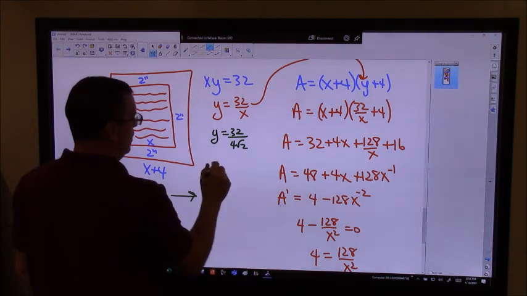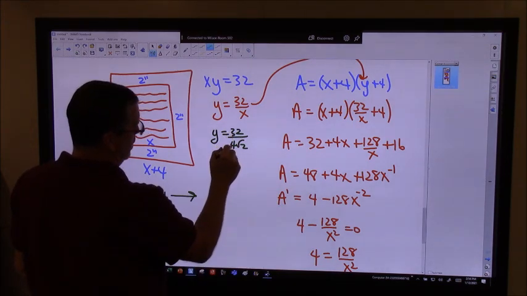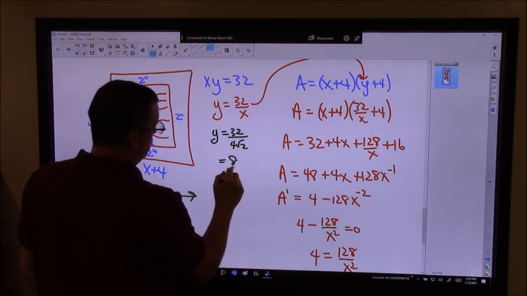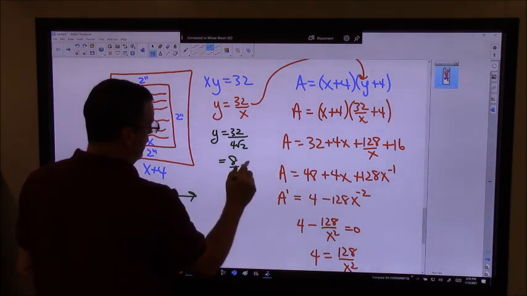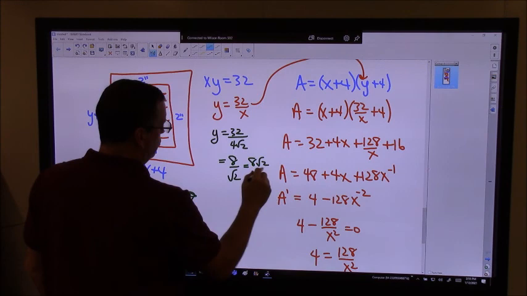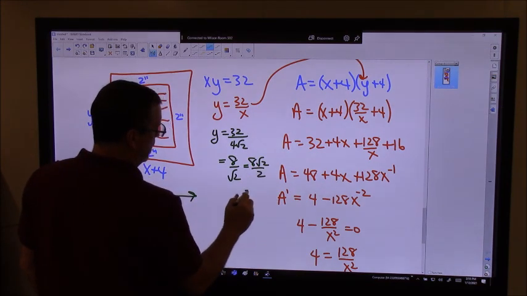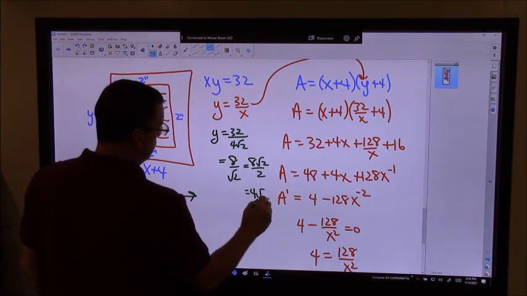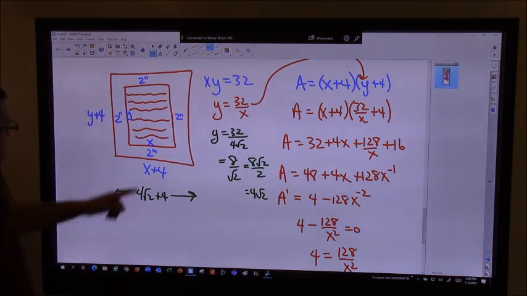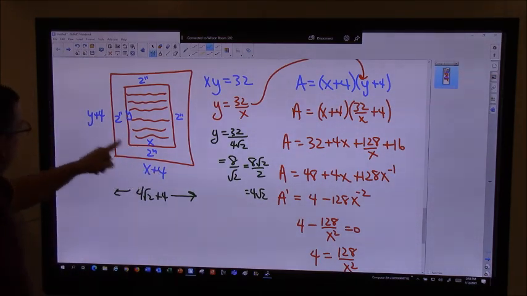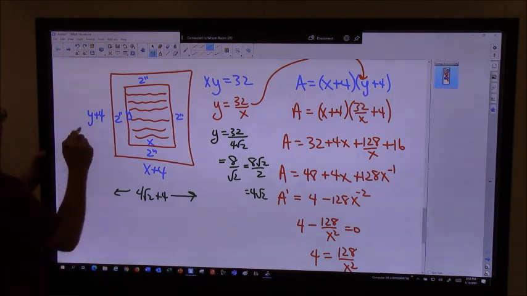Which if I rationalize it, well, first of all, let's do 32 divided by 4, that's 8 root 2. And then if I call that 8 root 2 over 2, I get 4 root 2. Oh, look at that. Plus 4. So 4 root 2 plus 4.